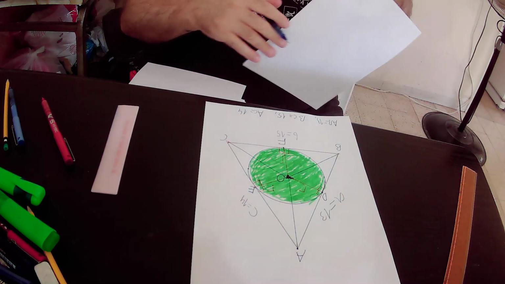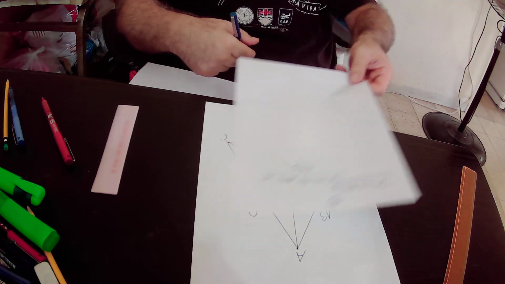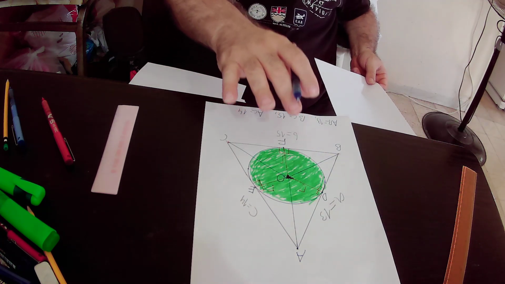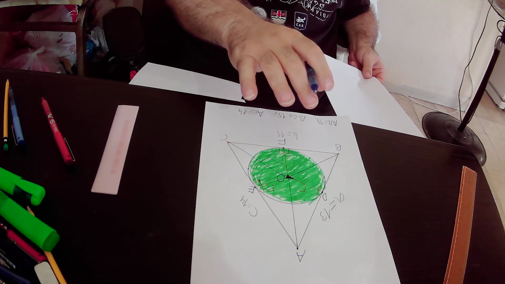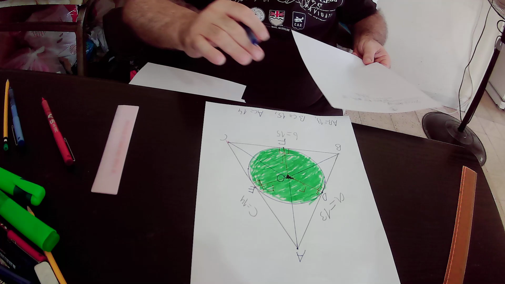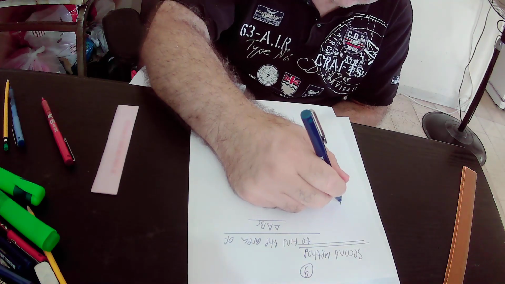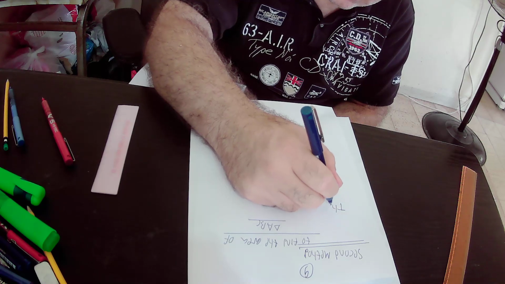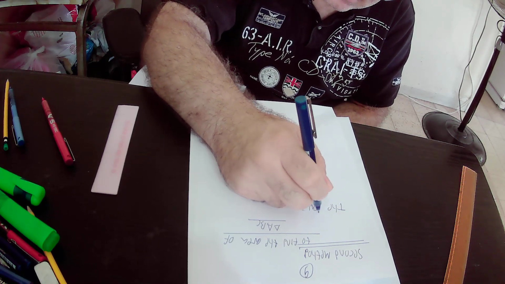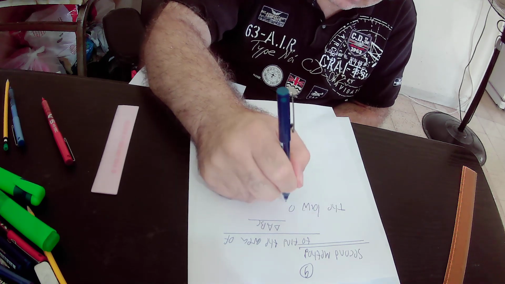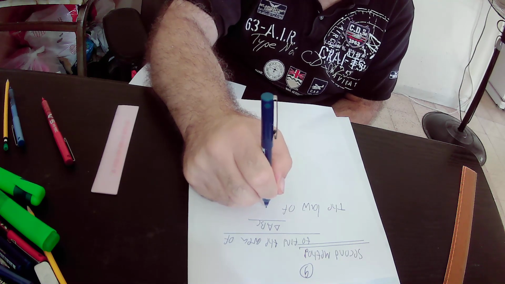Actually, we will implement the law of cosines on triangle ABC in order to find out its area. So, what is the law of cosines? The law of cosines applies to any triangle.